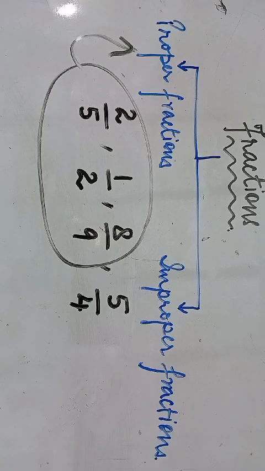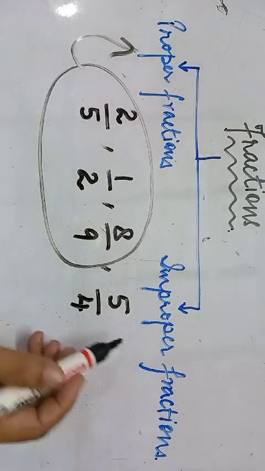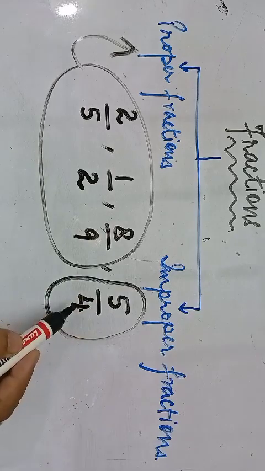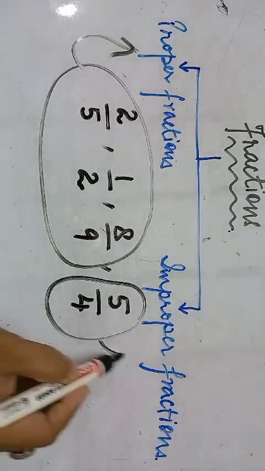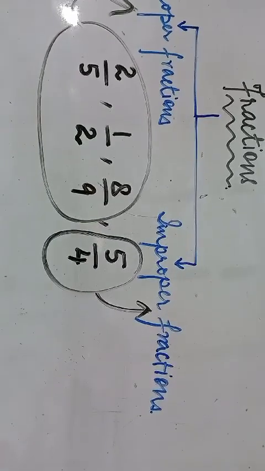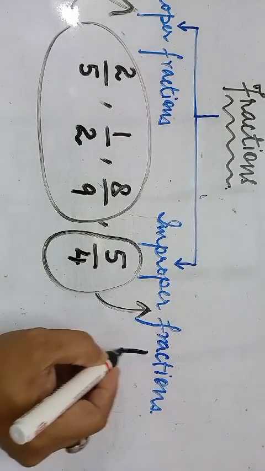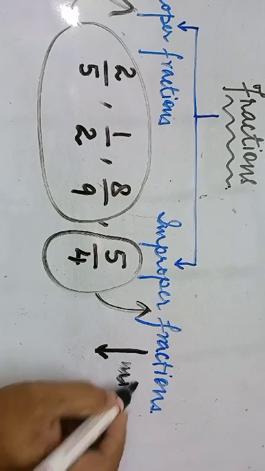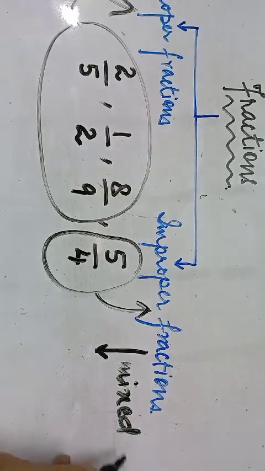Whereas improper fractions are those fractions in which the numerator is greater than the denominator. So that comes under the category of improper fractions, which can be further simplified into what? Let us see, these improper fractions can be further simplified into what is known as mixed fractions.